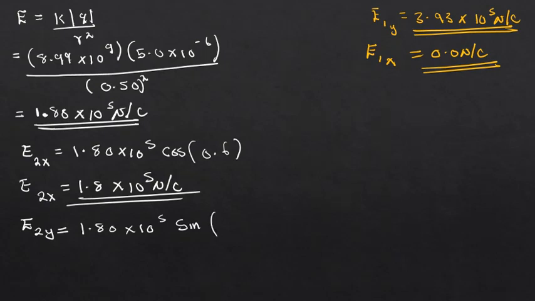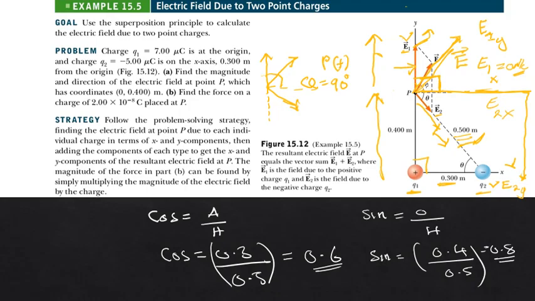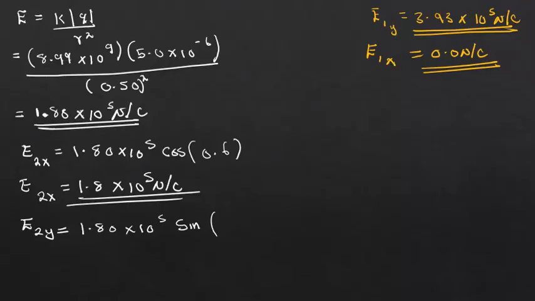So notice that sine is opposite over hypotenuse. What is the opposite? Opposite is 0.4, hypotenuse is 0.5, and what do we get? 0.8. So this time around we'll be using 0.8.